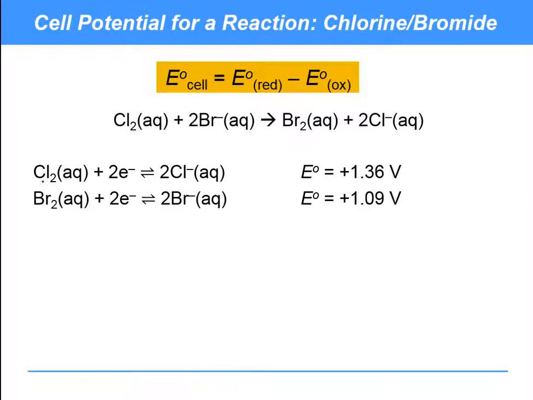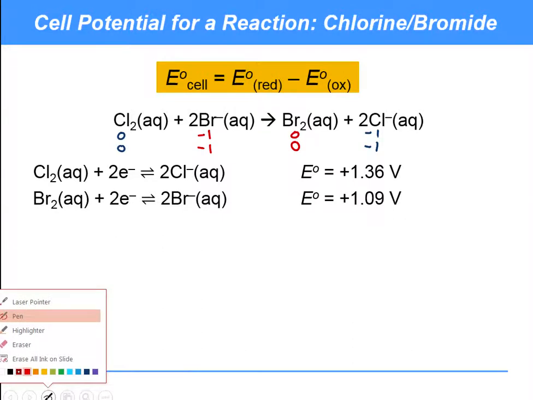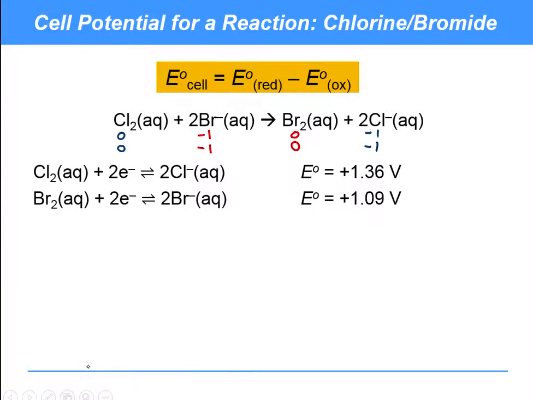The species that's being reduced, we looked at the oxidation numbers, and we found out that it is chlorine which is being reduced, and bromine is being oxidized in this particular reaction as we've drawn. So because chlorine is being reduced, this is the standard electrode potential for the reduced species, and this is the standard electrode potential for the oxidized species.